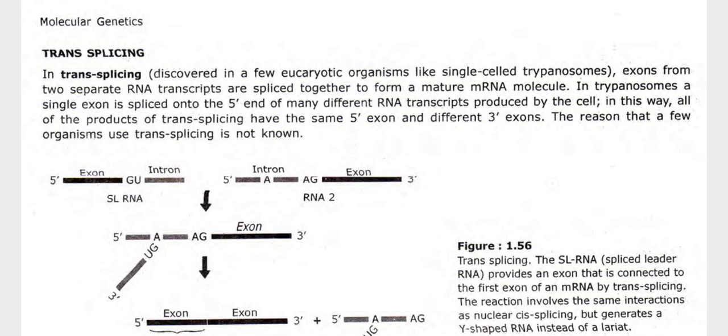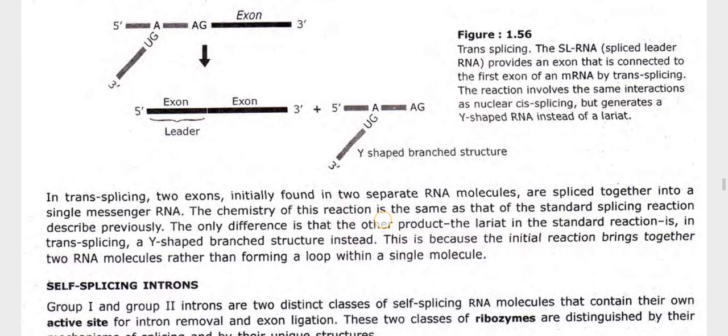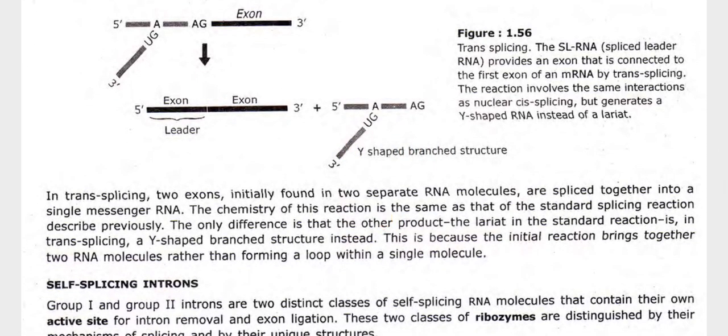The slRNA, spliced leader RNA, provides an exon that is connected to the first exon of the mRNA by trans splicing. The reaction involves the same interactions as nuclear cis splicing, but generates a Y-shaped RNA instead of a lariat.